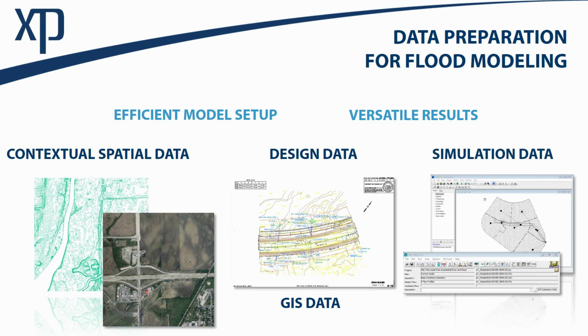And lastly, we have simulation data. We have some of those free government-sponsored tools, HackRise, EPA SWIM, that occasionally will offer that functionality to help us define flood modeling, but usually leaves something else out.